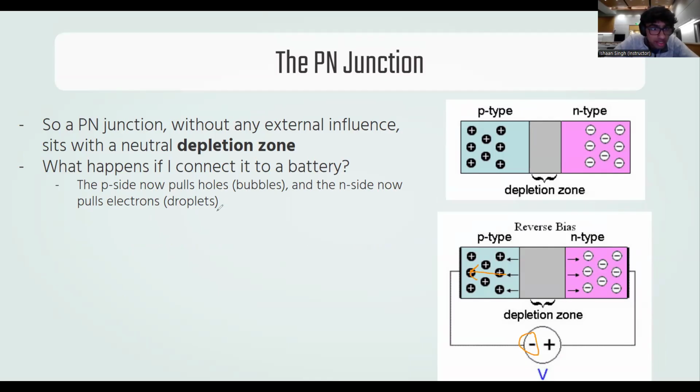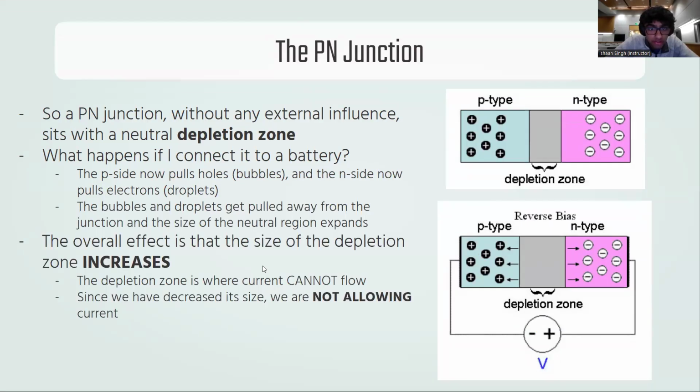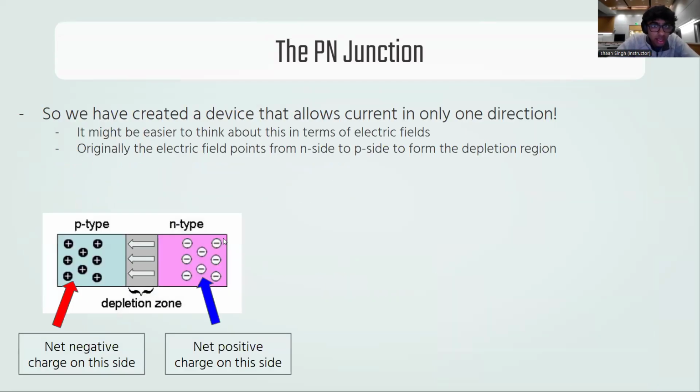For the same reason, the N side is going to have the electrons pulled away from the depletion zone. And so we actually expand the size of the depletion zone here. And expanding the depletion zone means even less current can flow. So we're explicitly disallowing current here. Current cannot flow through this PN junction. And so we've created a device that only allows current in one direction.